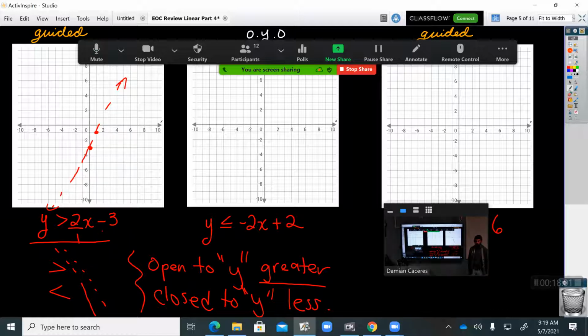A dashed line, not solid. So far, so good? Now, you said it's open to the variable, which means greater. If I say greater, are you going to shade above something or below something? Above. So we shade above that line and we're done.